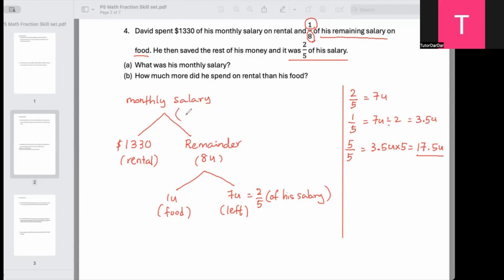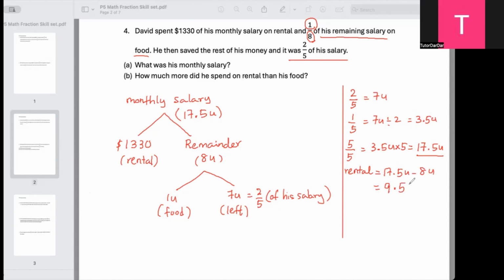So this 17.5 unit is the monthly salary. So now let's figure out the rental. Rental is going to be 17.5 unit minus 8 unit, which will give you 9.5 unit.